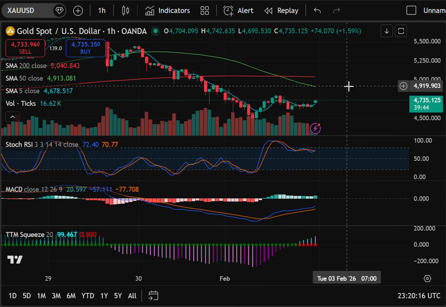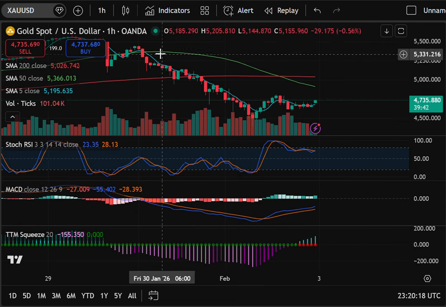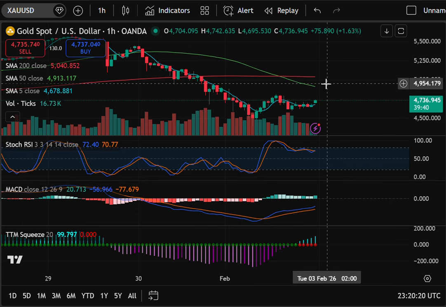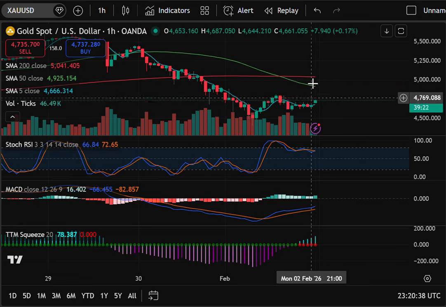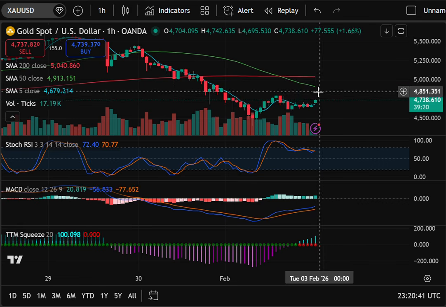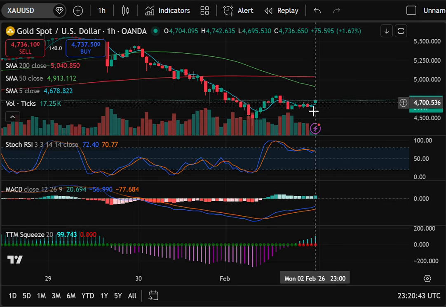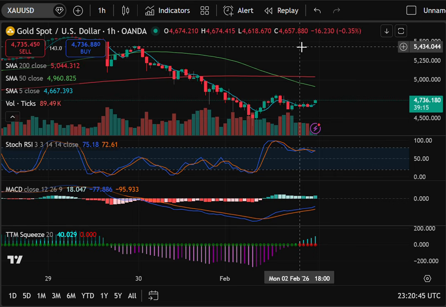However, if you wish to validate that, you need to add two additional indicators, which are the exponential moving average 8 and exponential moving average 21. If the 8 is overtaking the 21 and the price is above the 8, then you know that the price movement is going to be upwards, so it will squeeze upwards.